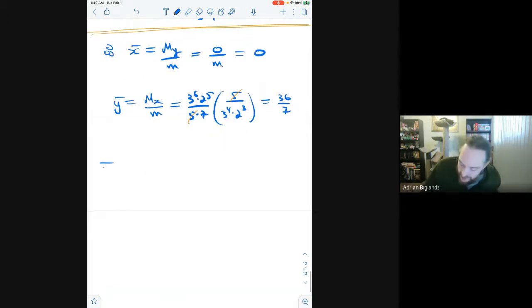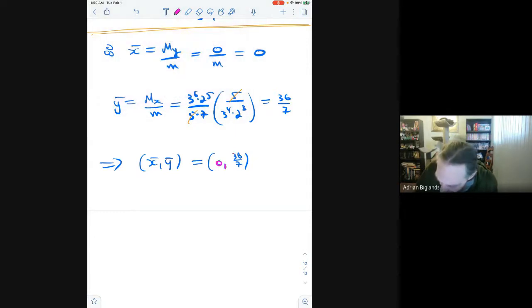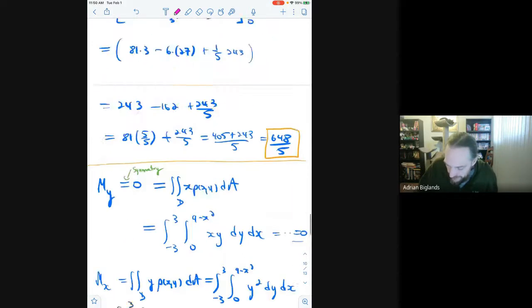So this says (x bar, y bar) is equal to (0, 36 over 7), which should be this guy.